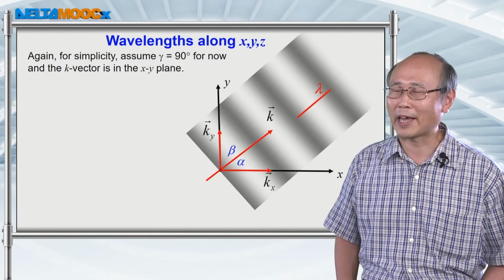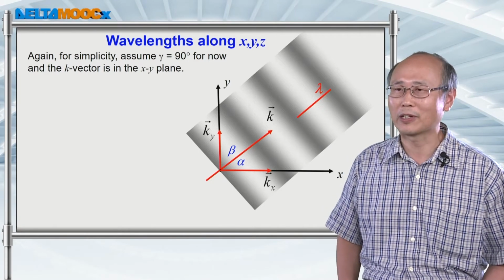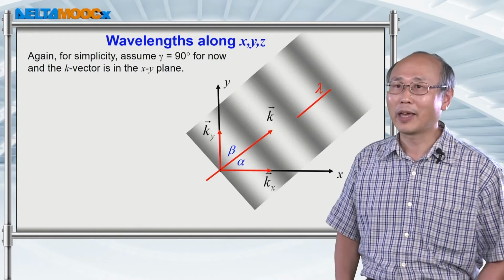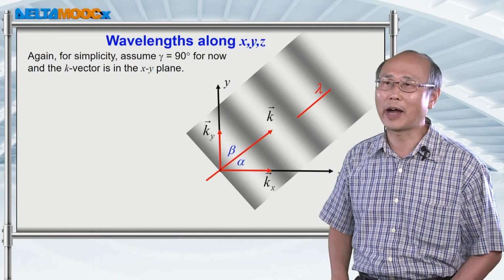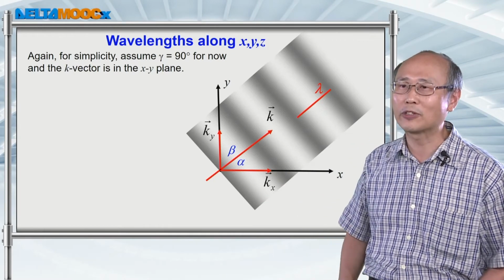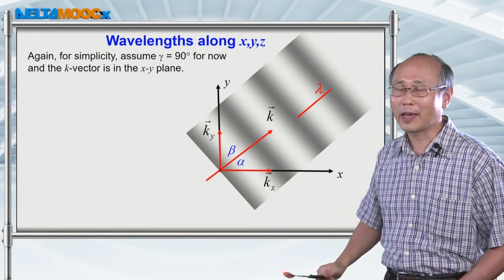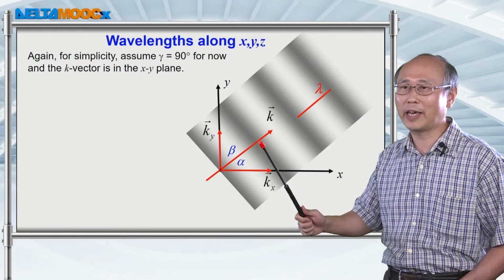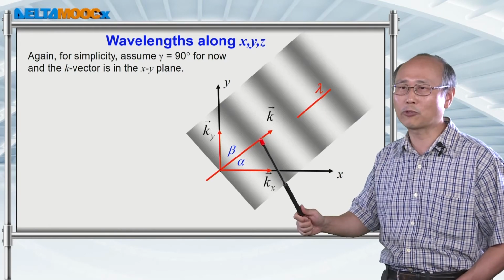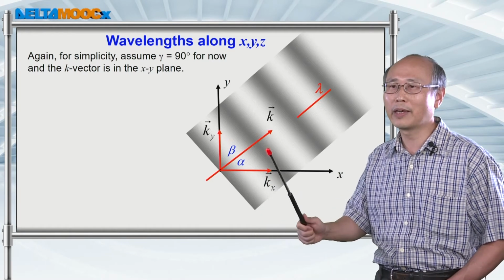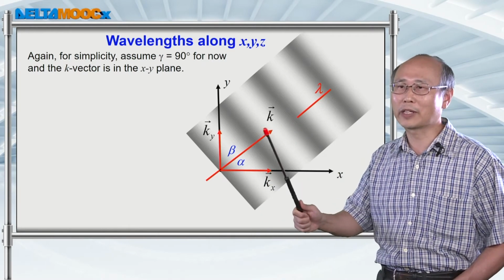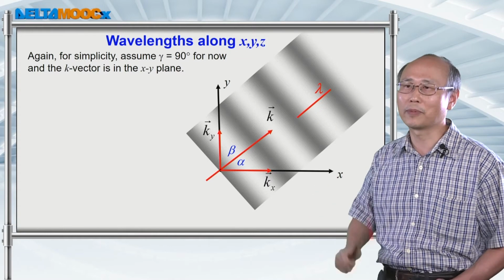We can also calculate the wavelengths along different directions. Again, let's assume gamma equal to 90 degrees, so I can plot this two-dimensional diagram. Given the k on this xy plane, I can define kx and ky, and the wavelength along this k direction is equal to lambda.